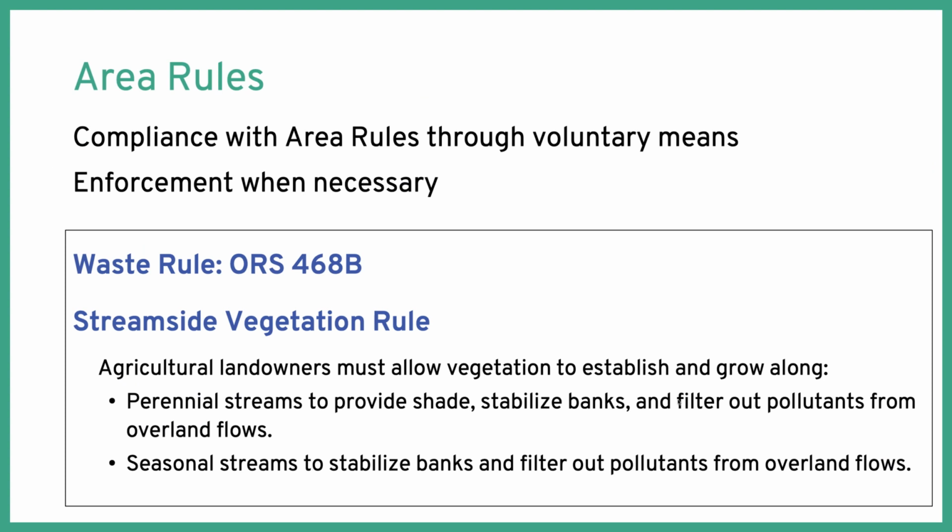So I want to mention the area rules a little bit more. I'll get into the area plans shortly. As I mentioned, there's 38 sets of area plans and rules around the state, one per management area.